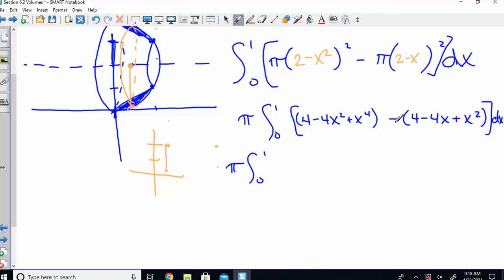If I subtract like terms, my 4's cancel out. Then I have negative 4x squared minus 1x squared, which gives me negative 5x squared. I have my x to the 4th, and I have a 4x.